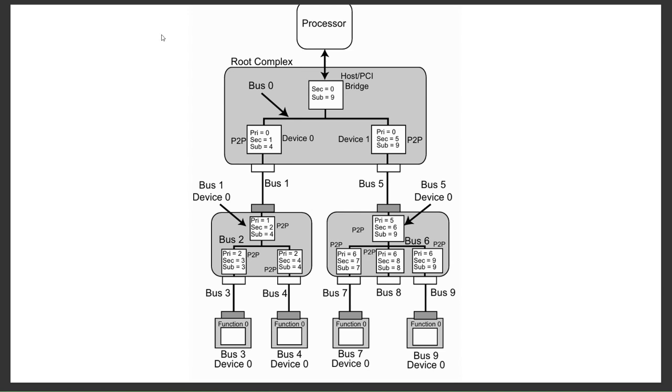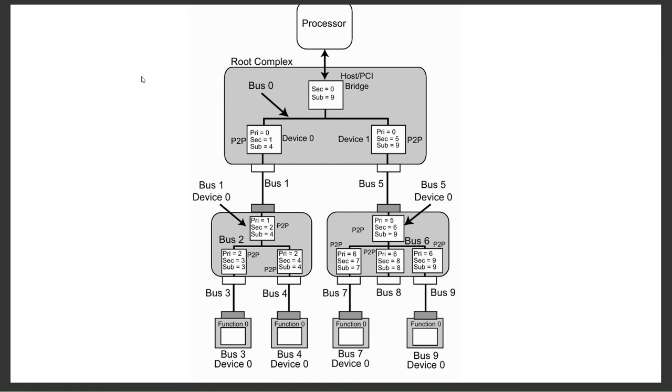And the subordinate bus number defines the maximum bus number that can be accessed downstream from the host bridge. These two registers help the host bridge determine which bus the device you want to communicate with is located on.